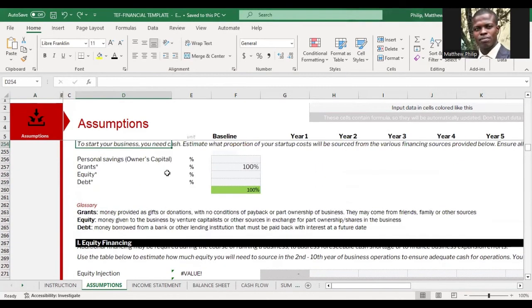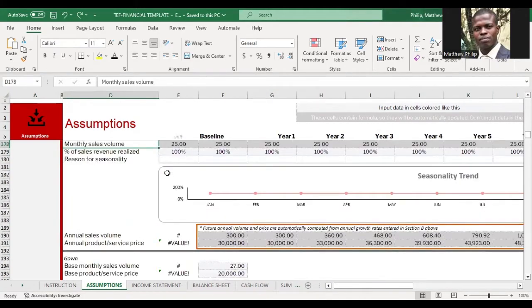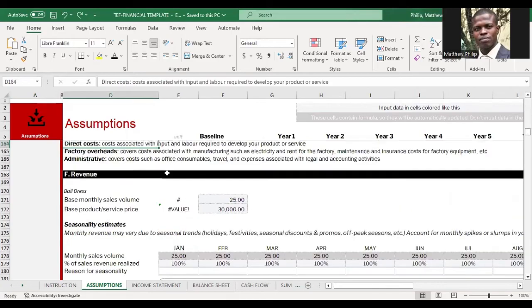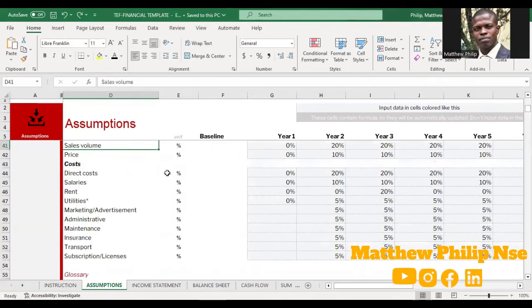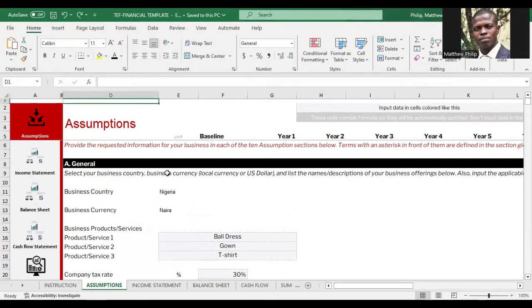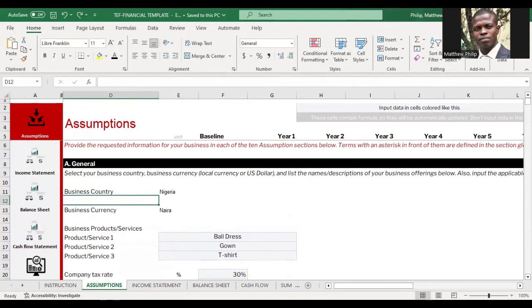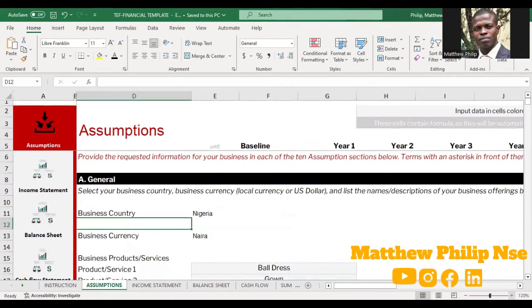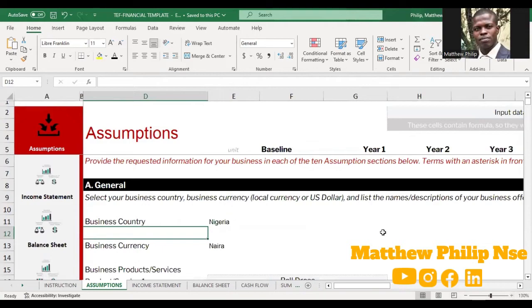Recall in my previous video, I mentioned that under the financial analysis in the business plan template that was sent to you, the first thing you should do before preparing the Tony Elumelu Foundation business plan is to fill this financial template first. Complete the financial template before you go ahead to prepare the business plan.